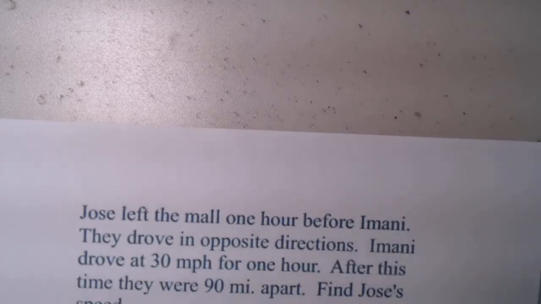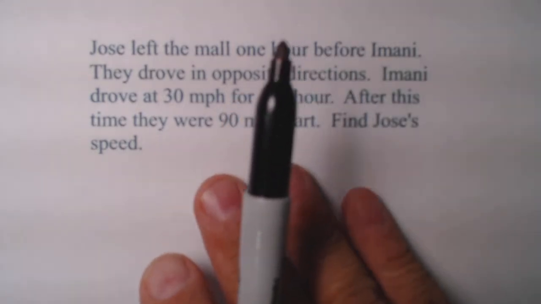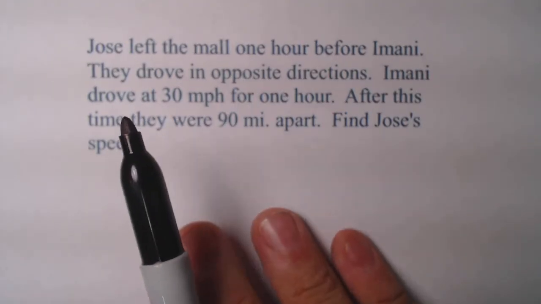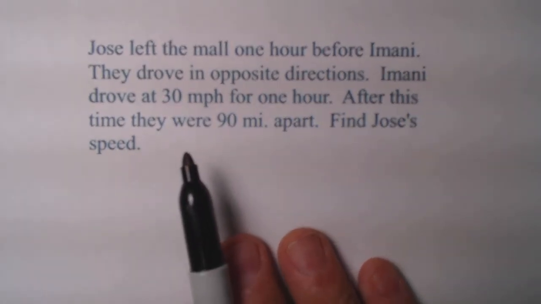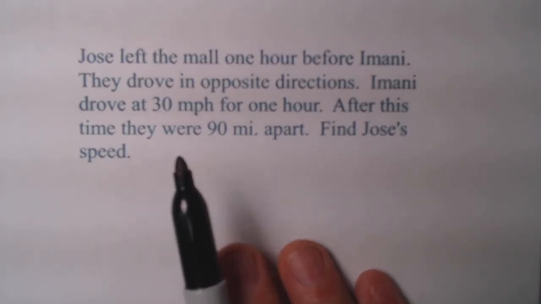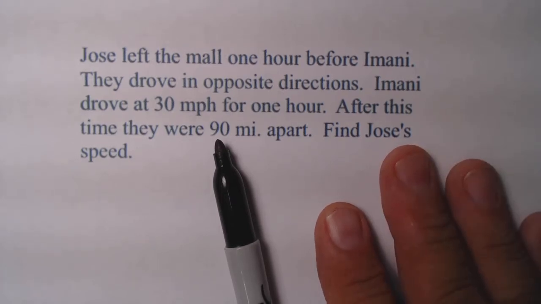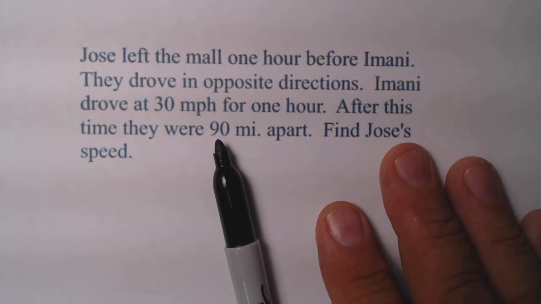As I said, there are a number of different ways these can be phrased. So let's take a look at another example of doing this. This one says the following: Jose left the mall 1 hour before Amani.